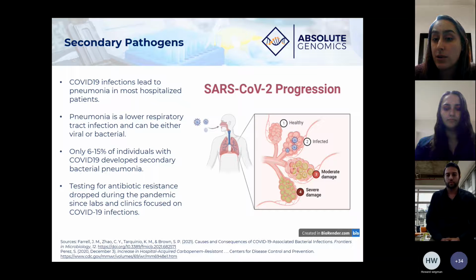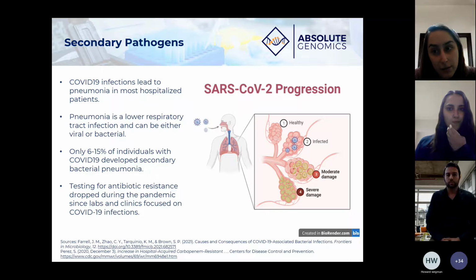And so pneumonia, like C. difficile, is a secondary infection in this situation. And unfortunately, since pneumonia can be either viral or bacterial, hospital staff figured it was best to treat patients with antibiotics right away. But unfortunately, this likely led to an increase of antibiotic resistance.